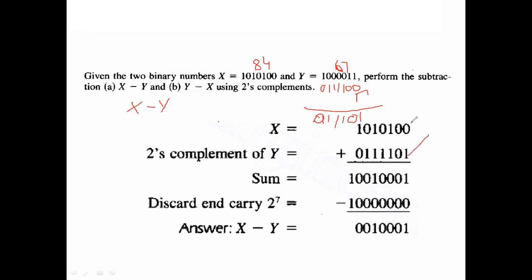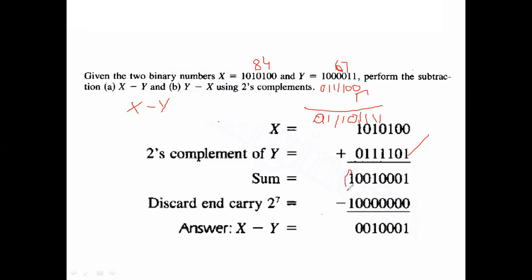So now add these two. 0 plus 1, 1; 0 plus 0, 0. 1 plus 1 means 1 is the carry, 0 is the sum. Again 1 plus 1, 1 is the carry, 0 is the sum. 1 plus 1 plus 1, so the sum is 1 and the carry is 1 here. Again 1 plus 1, that is 0 and the carry is 1. 1 plus 1, the sum is 0 and the carry is 1.